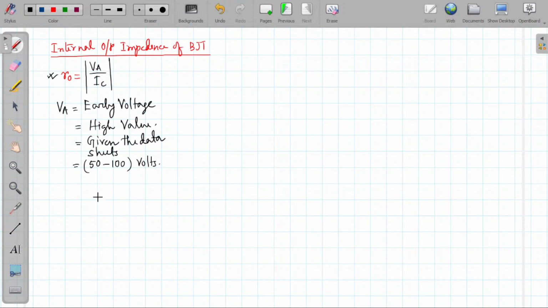So graphically, if we want to find the VA, how can we find it? For that, we have to recall the output characteristics of the bipolar junction transistor. Hopefully you remember the output characteristics of the bipolar junction transistor.